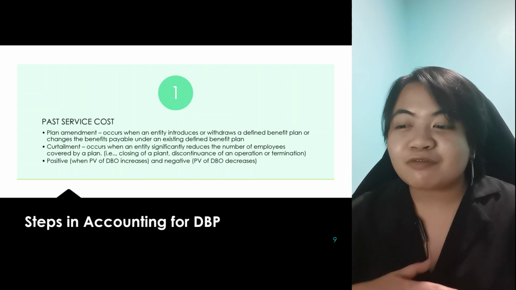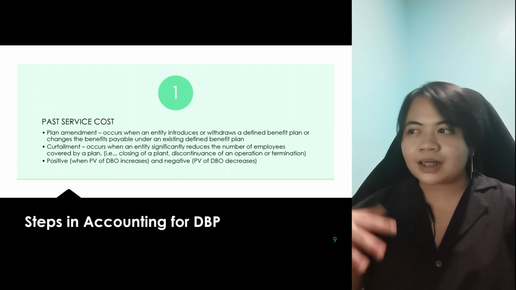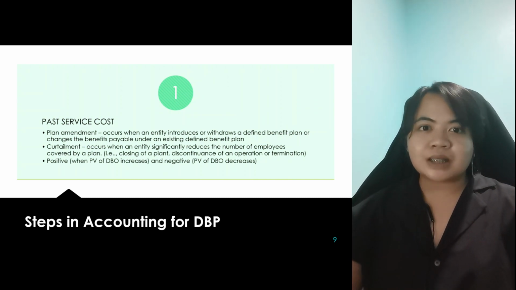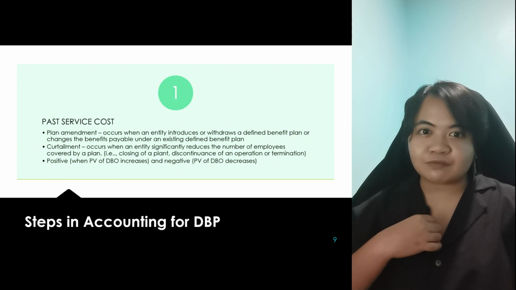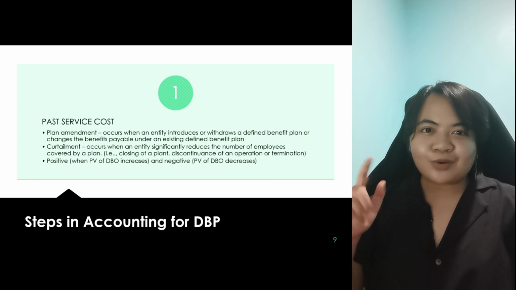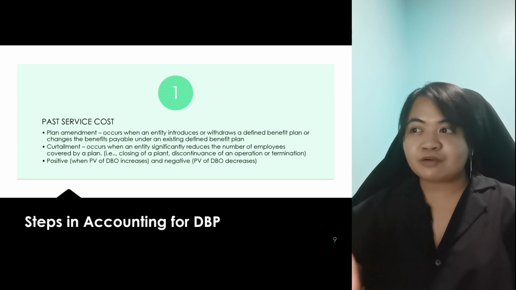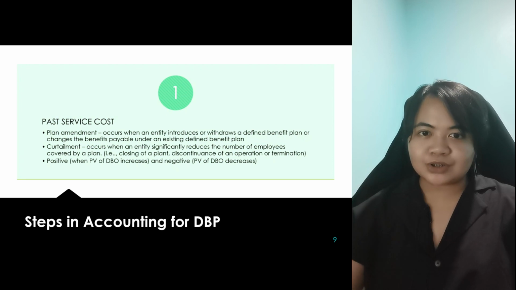So, or mababa yung performance ng company. Like ngayong pandemic, curtailment ang nangyari. That is, nagbawas sila ng tauhan. Okay? So, you have to remember that you have to adjust for past service cost. Okay? So, yan. And then, ang past service cost daw po ay positive kapag yung obligation mo mas mataas. Negative kapag yung obligation mo is mas mababa. Yun lang po yung tatandaan niyo.